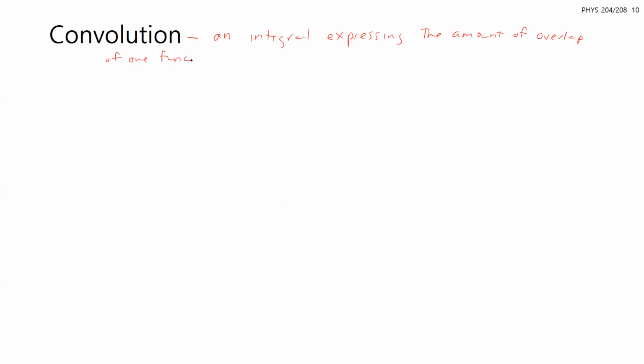So our first function, we're going to define as capital F sub 1. And we're going to shift that against the second function, which we'll just call simply F2.